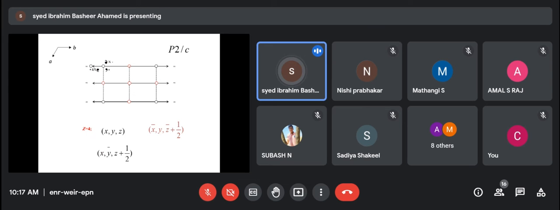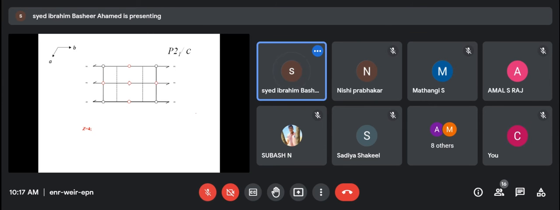So for this, you will have x, y bar, z plus half, and since you have a glide plane completely here, you will have a plane molecule here. So that is x bar, y bar, z bar. Again, this is centrosymmetry, so these two are inversely related.